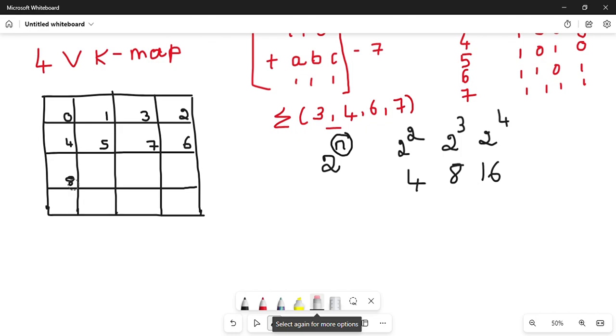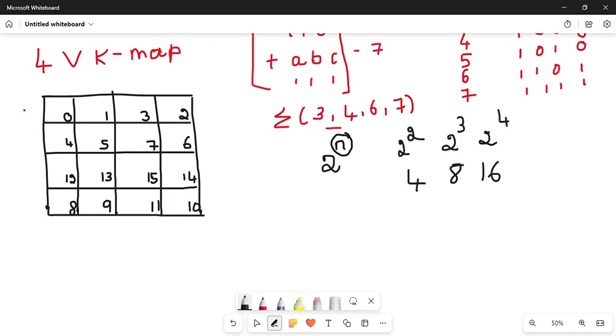What you are supposed to do is write 8, 9, 11, 10 in the last row. This is the rule, okay? And here it is 12, 13, 15 and 14. You have to write it like this.